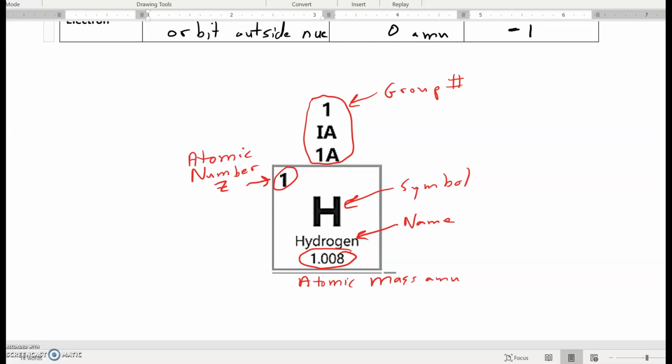So let's take a look at hydrogen and what we know. Because the atomic number, or Z, equals number of protons.